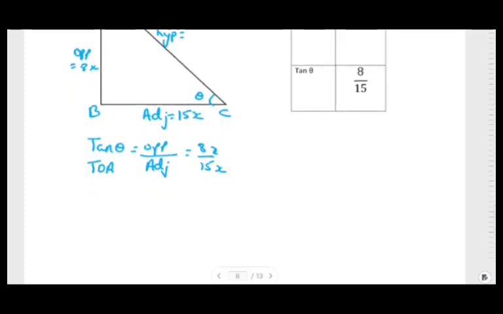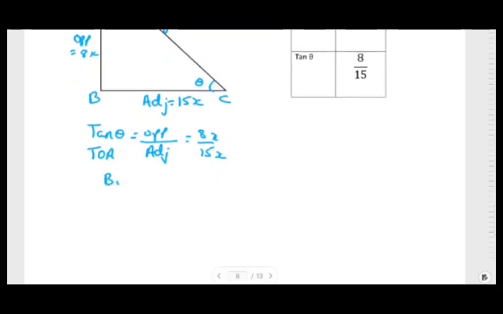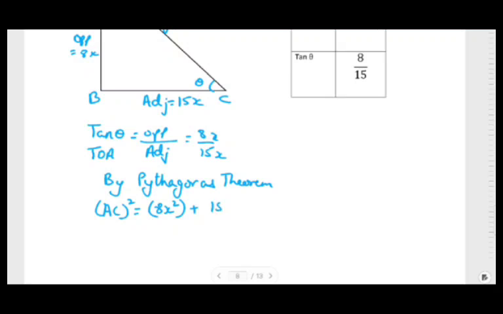Right? So now by Pythagoras theorem, hypotenuse is AC the whole square is equal to 8x square plus 15x the whole square.